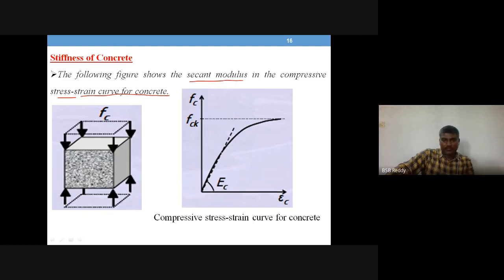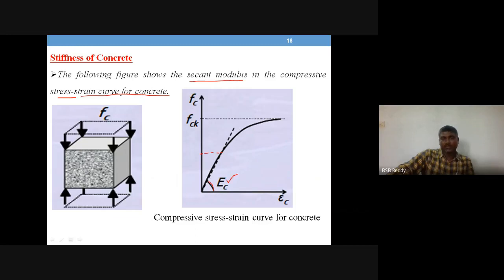Now you have to note the stress level 0.3 FCK. There you have to draw a line for which you have to measure the slope.